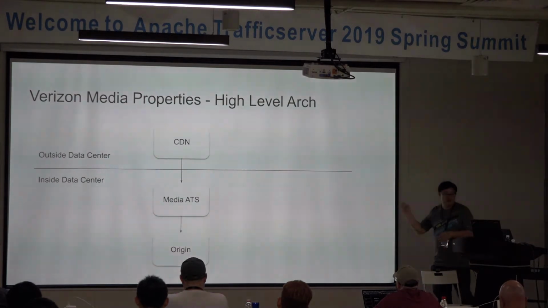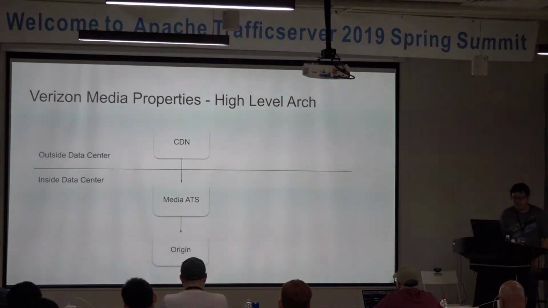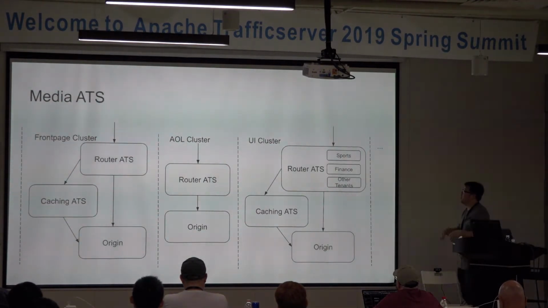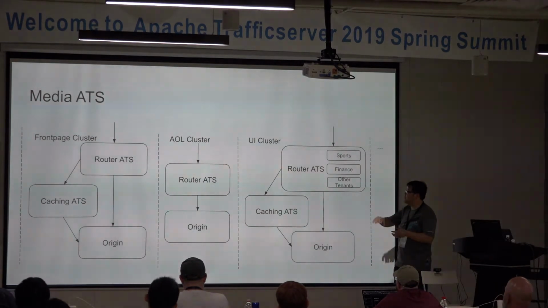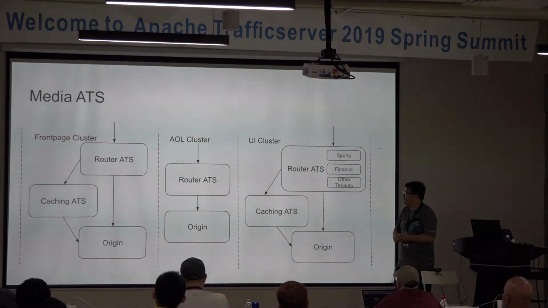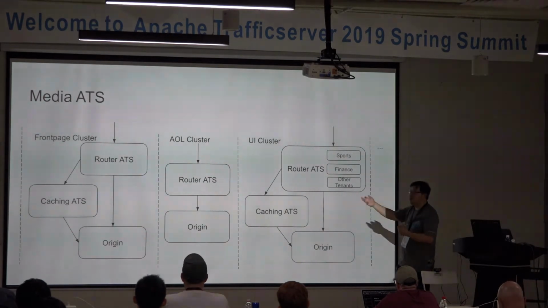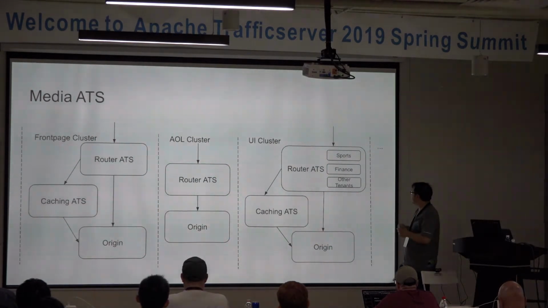So keep this in mind. It will come in handy to see why we make certain decisions that are very unlike how a CDN works. If you break down our media ATS, we have multiple clusters. For example, Yahoo front page will have its own cluster, AOL will have its own cluster, and sports and finance.yahoo.com have their own clusters.